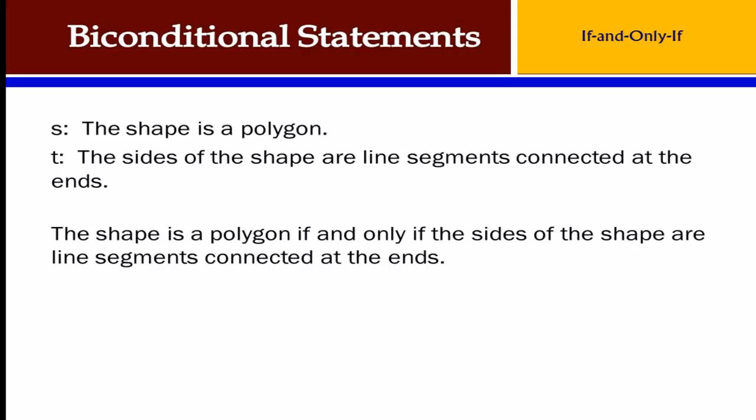Now this sort of goes back to those other conditional statements we looked at that were true in both directions. So we can write this as S if and only if T. And so it's a biconditional statement, and the arrow is going in both directions.